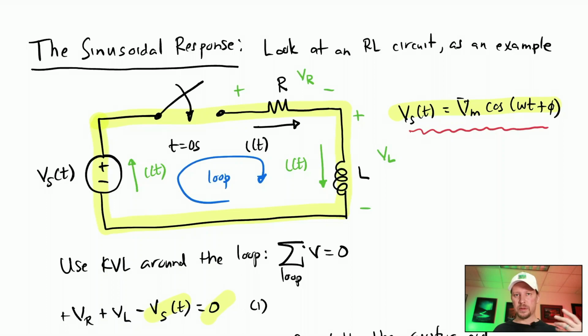Now, the response, in other words, the parameter of interest, whether it be a voltage or a current elsewhere in the circuit, the amplitude of the response in general will be different, right? So it's not going to have the same amplitude as that of the input. The phase constant in general will also be different.